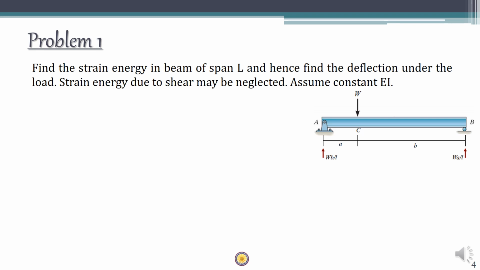Total length is L. If you try to draw the bending moment diagram, it will look something like this, which means that when you draw the bending moment diagram, it has to be divided into two parts.